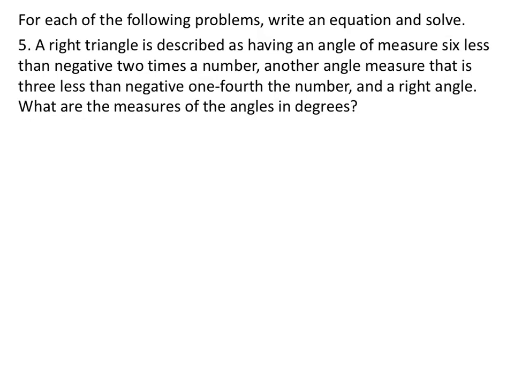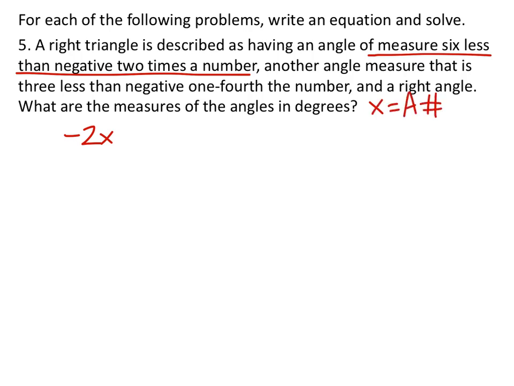A right triangle is described as having an angle of measure 6 less than negative 2 times a number. Let's go ahead and evaluate that. The angle is 6 less than negative 2 times a number. So just from that, we got negative 2 times a number, and we'll say x is some number.